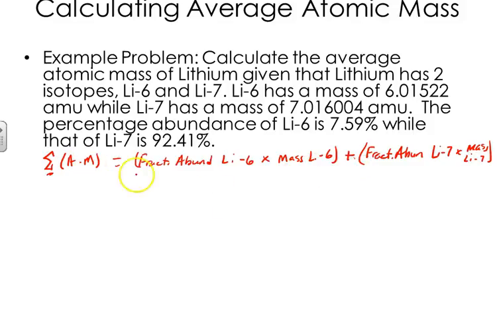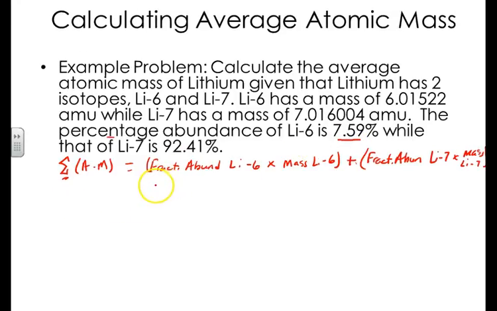Okay. So our fractional abundance of lithium-6 is 7.59%. So that's 0.0759, 2 decimal places to the left, times the mass of lithium-6, which is 6.101522 AMUs.